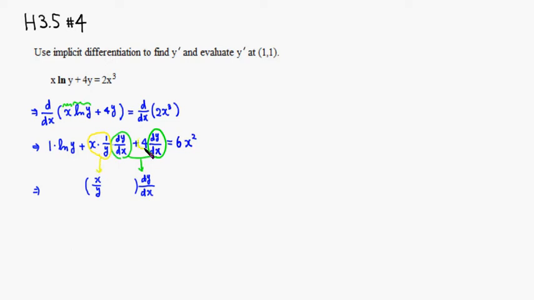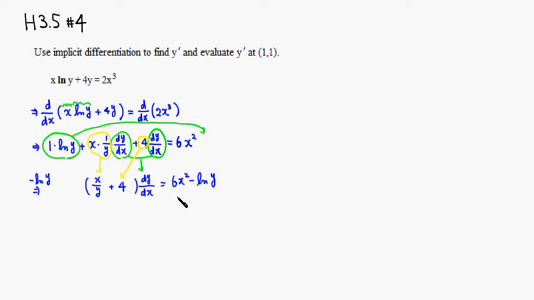Then you have plus 4 there. Then we can move this term. Since it does not have a dy over dx, I want to put it on the other side. We can do that by subtracting natural log of y, so you get 6x squared minus natural log of y.